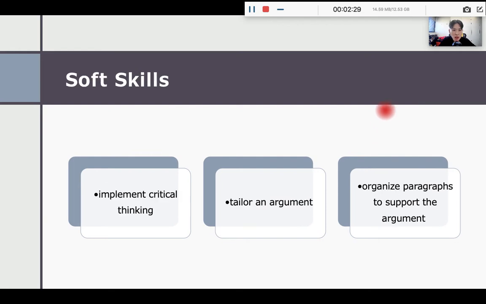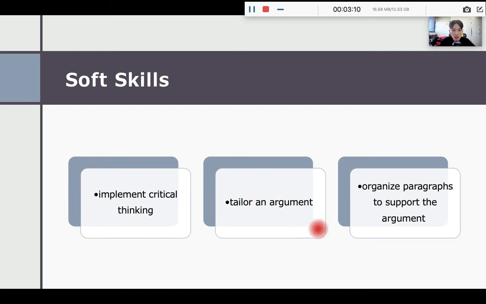On the other hand, soft skills cannot be developed only through memorization and practice. They are developed through experience. When we talk about soft skills, we refer to three abilities. The first ability is the ability to implement critical thinking. So implement means to use. Are you able to read a piece of writing from different perspectives? Which means when the author tells you A, can you challenge it by asking questions?